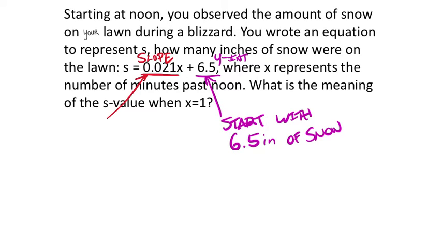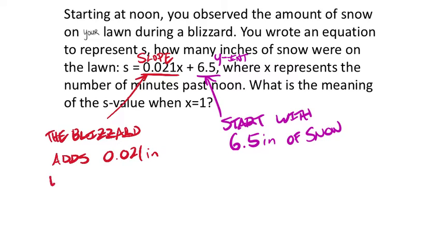And then the blizzard is adding 0.021. That has to be inches. This one usually would say every hour, but up here it says every minute, okay?